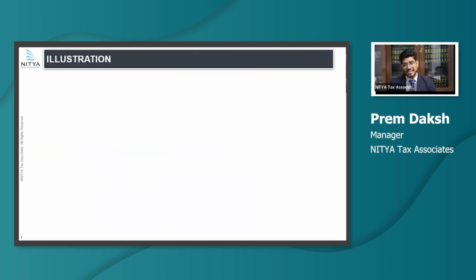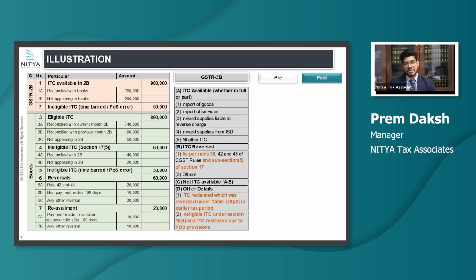Now let's understand these changes with the help of an example. In this example, we will do a comparative analysis of pre and post changes reporting. In all other ITC, earlier we used to report net eligible ITC which was matched with GSTR-2B. And now we will report the actual ITC appearing in 2B with only a few adjustments.